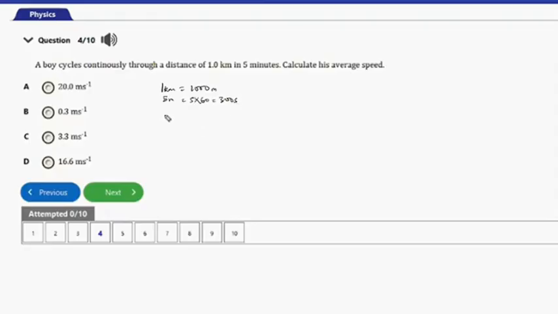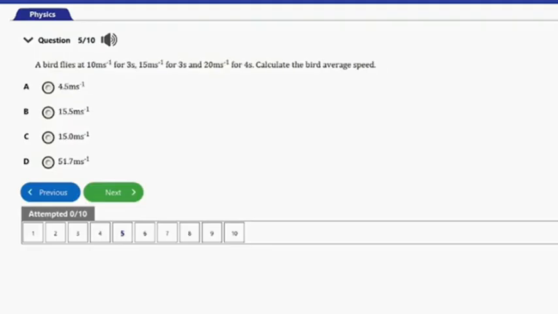So in that case, that will be 1000 meters over 300 seconds. So when we divide this, we'll have 3.3 meters per second. And that's option C here, guys, 3.3 meters per second. So that's it for this question. Let's go ahead and consider the next question, guys.